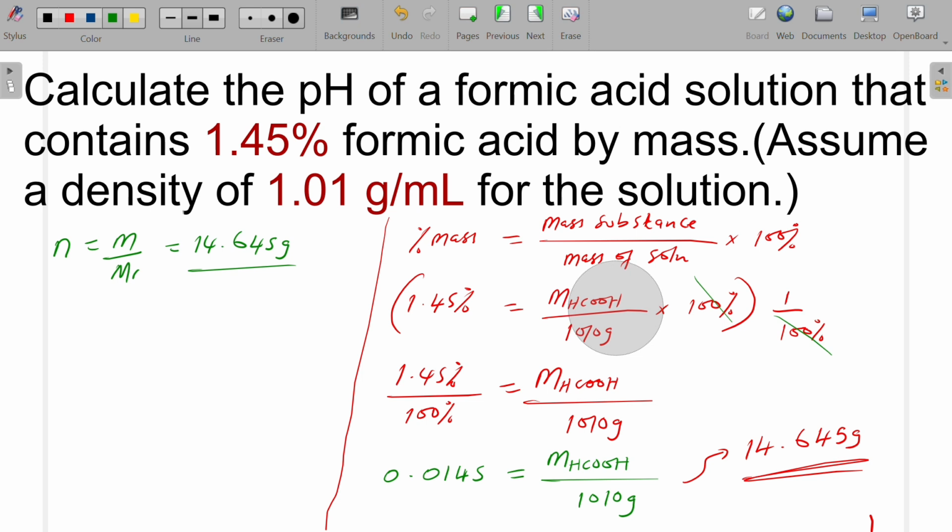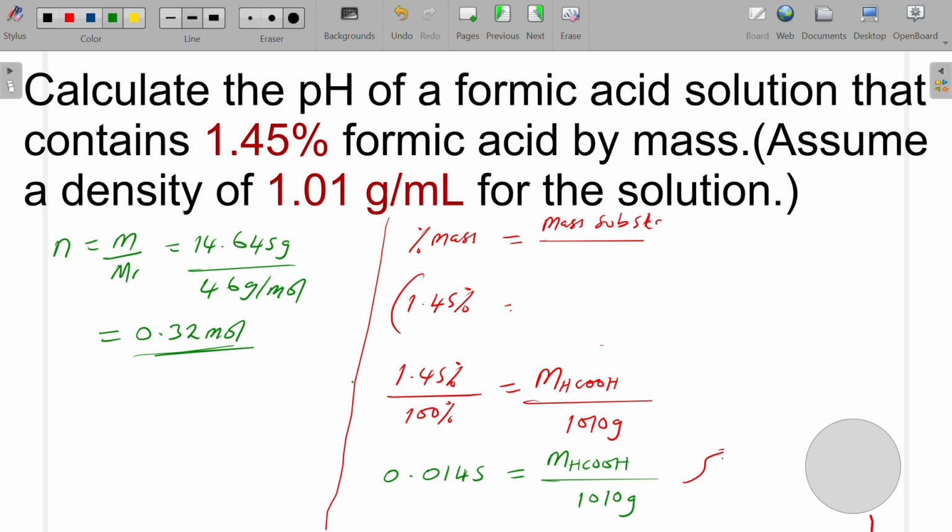The formula for formic acid is HCOOH, so the molar mass for that is basically 46. Using rounded off values, we're getting 46 grams per mole. When we divide, what we are getting is 0.32 moles, rounded off to 2 decimal places.